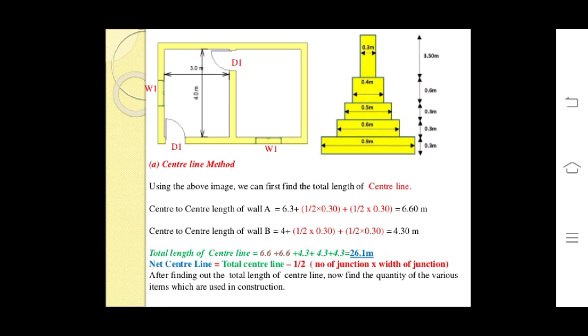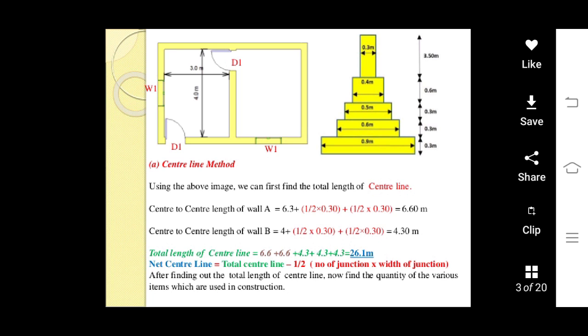The center to center length of wall B, in the longitudinal lateral direction, can be calculated by 4 plus half width of wall from both sides, which gives 4 plus half of 0.30 and half of 0.30, giving the total length of 4.30.